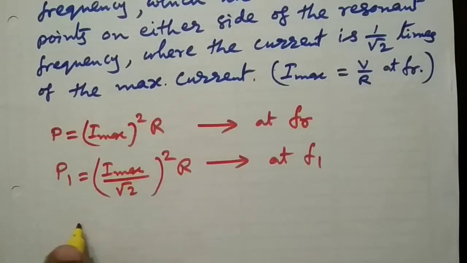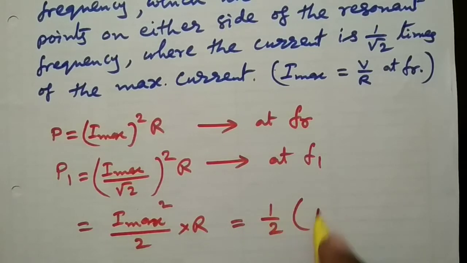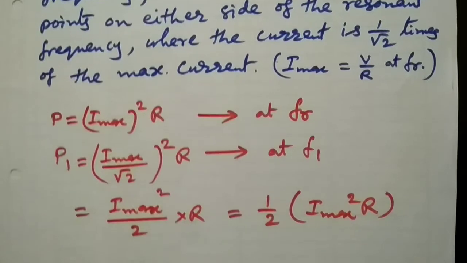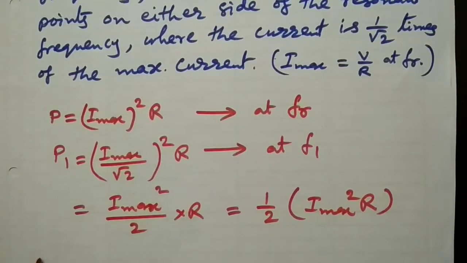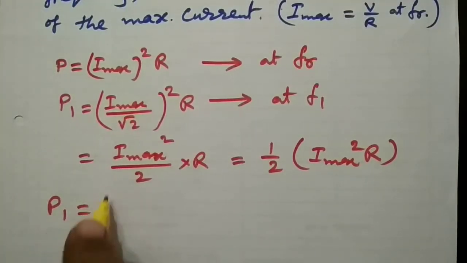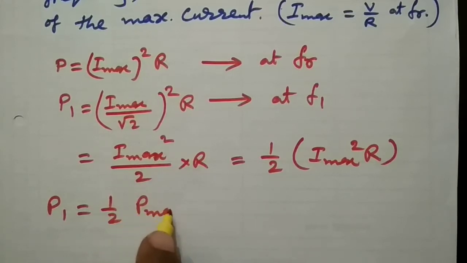So here we can write Imax square by 2 into R, and it can be rearranged as 1 by 2 of Imax square into R. So we can write P1 is equal to half of Pmax.